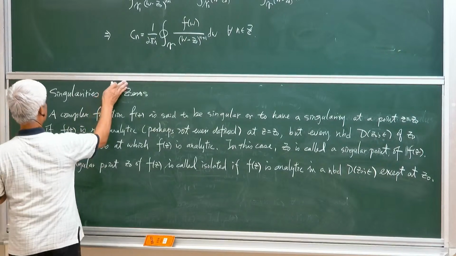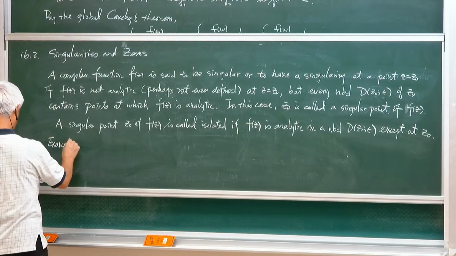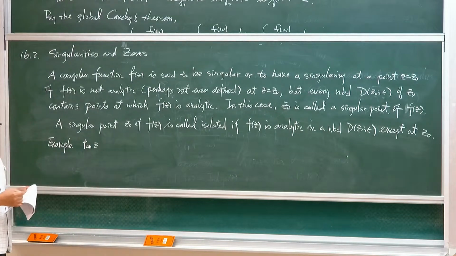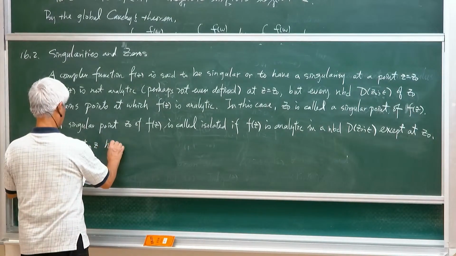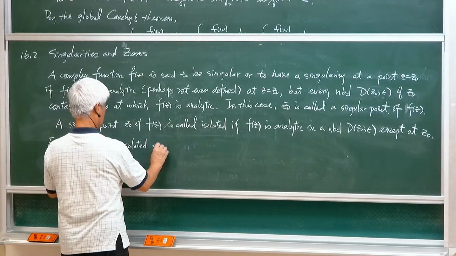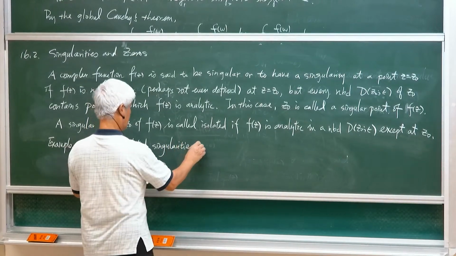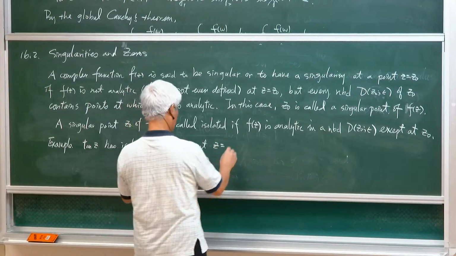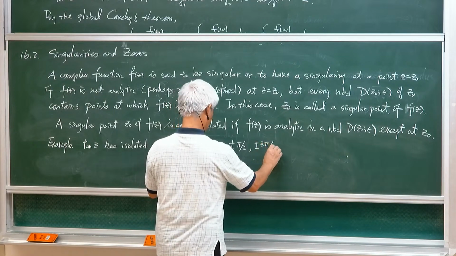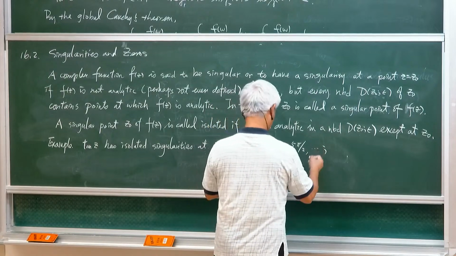All right. So let's take an example. Tangent z has an isolated singularity at the points plus minus pi over 2, plus minus 3 pi over 2, plus minus 5 pi over 2, etc. Okay? So we know that.